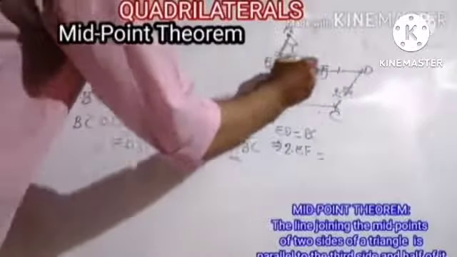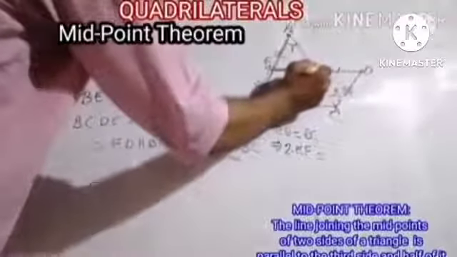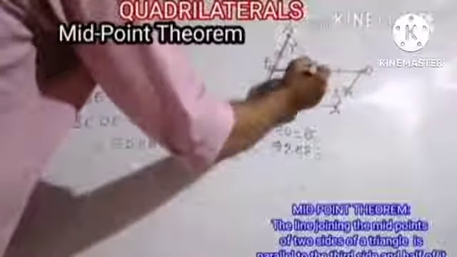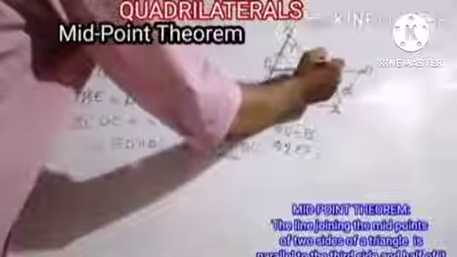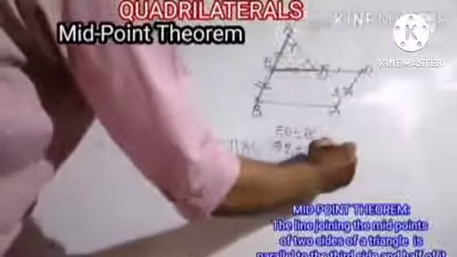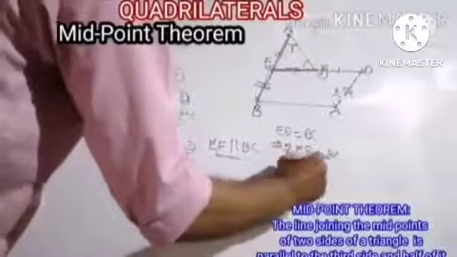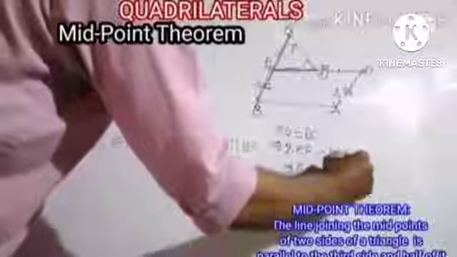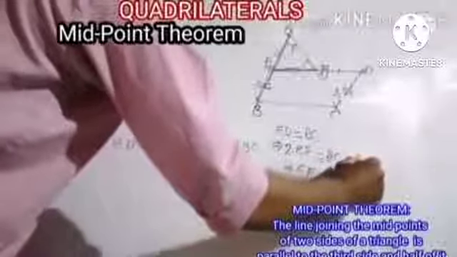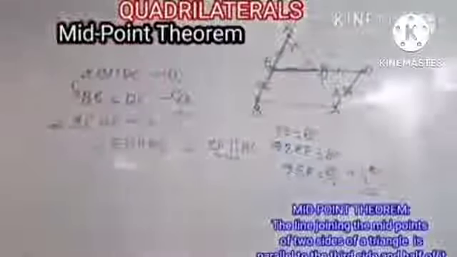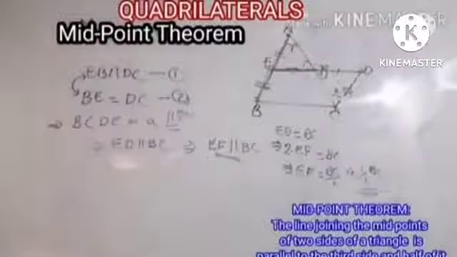So ED is 2EF or 2DF. Then 2EF equals BC, which implies EF equals BC by 2, that is, half BC. So EF is half BC. That is the property. Completed.